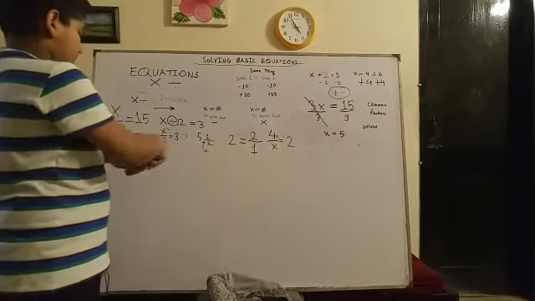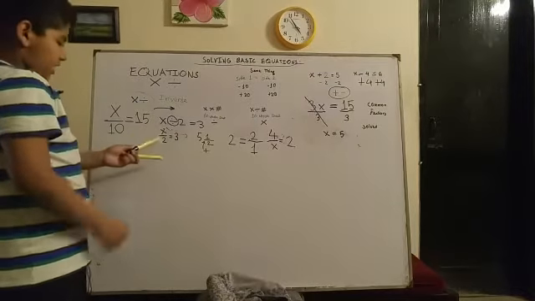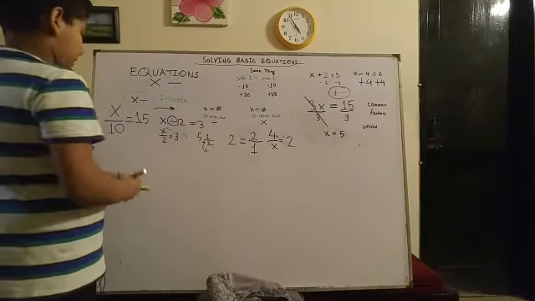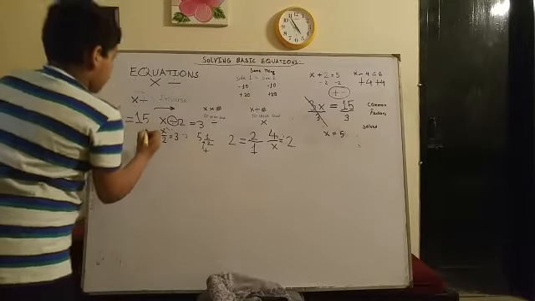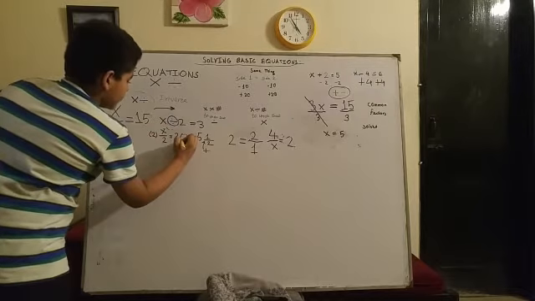So I wrote it in fraction form already. To undo division we need to do multiplication. So let's multiply both sides by 2.